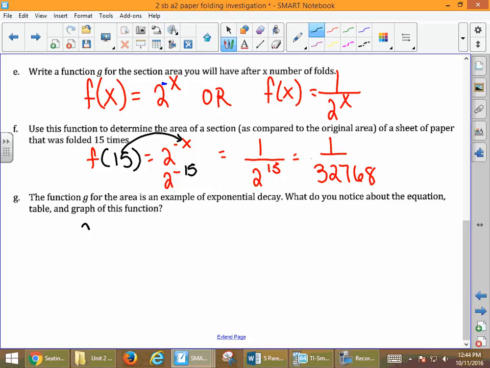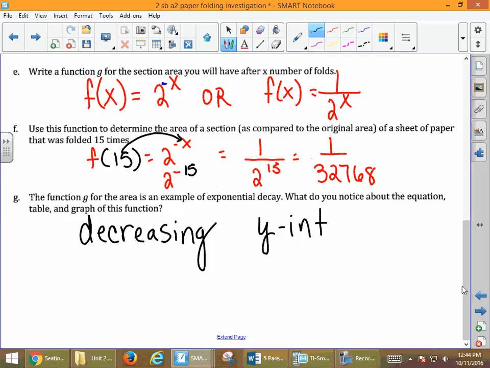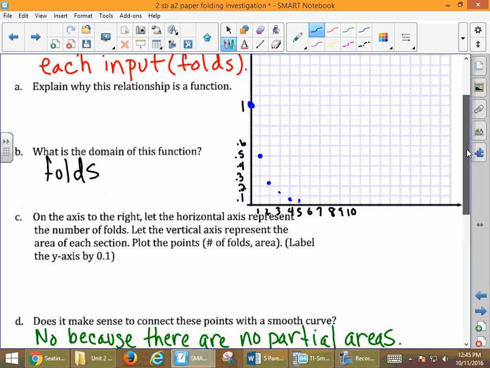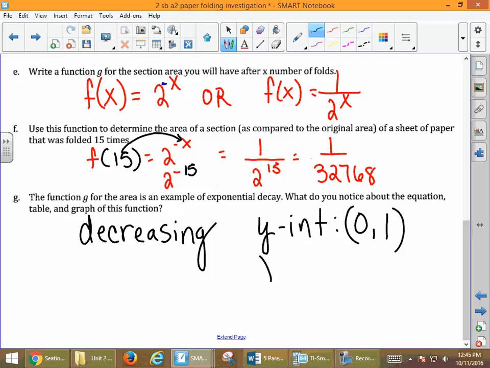This is a decreasing function. When we go back and look at our y-intercept, we still have a y-intercept of 0, 1. And if you look really close at the picture, just like the earlier graph, we do not have an x-intercept.